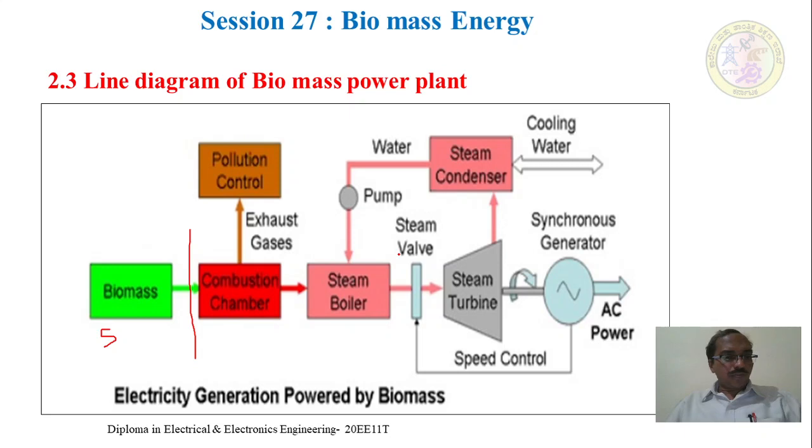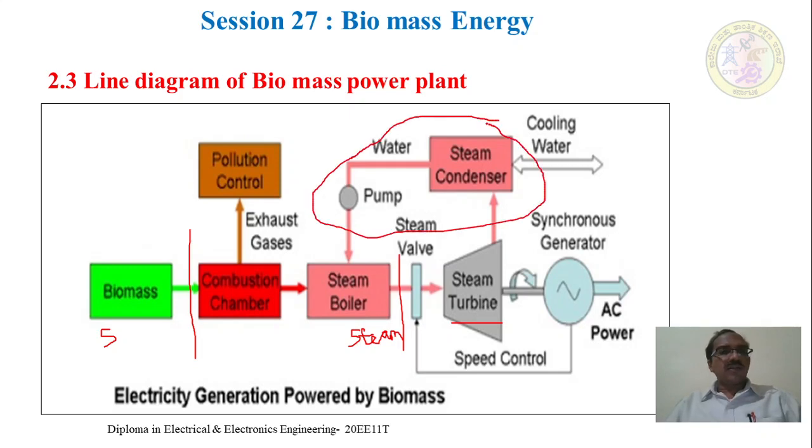So here you are going to get the steam. This steam will be used to run the steam engine or steam turbine, which is coupled with the generator which generates electrical energy for us. This part, whatever we have shown over here, is used to recover the water that has been used to produce the steam, and this portion is used for pollution control.